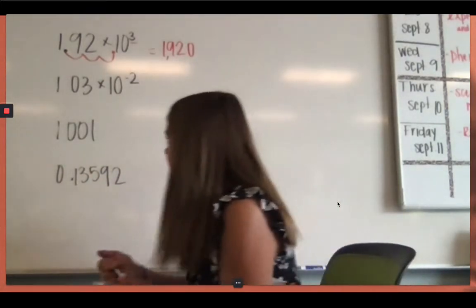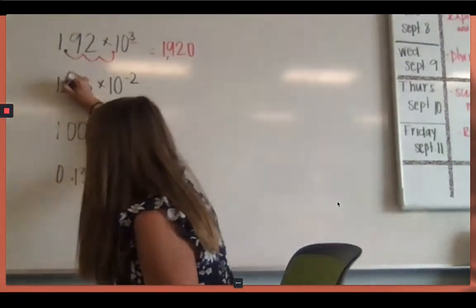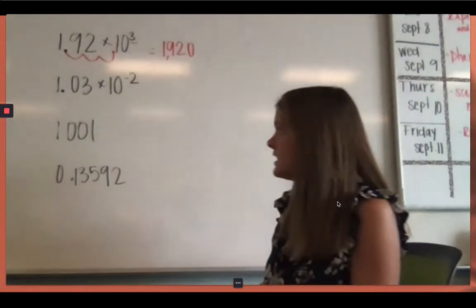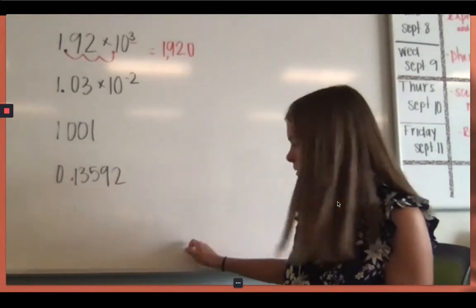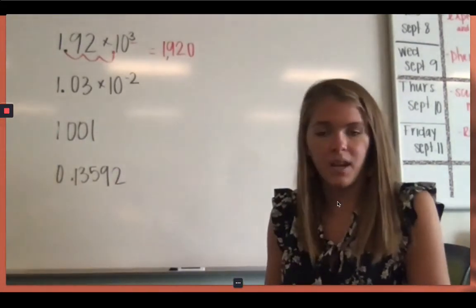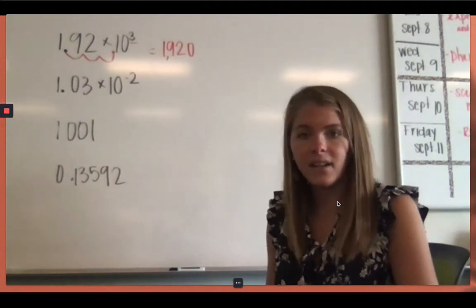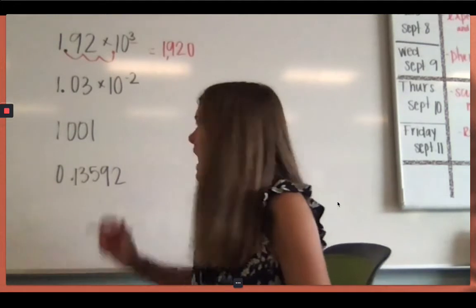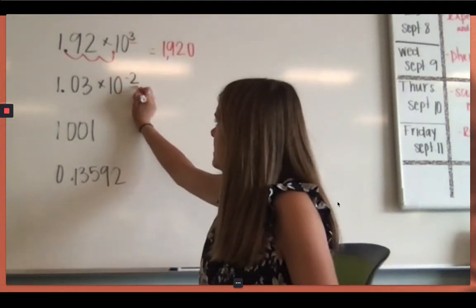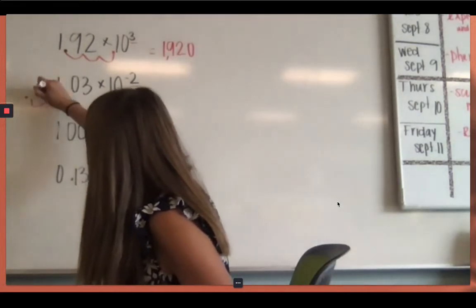Let's do the same for this next one. 1.03 times 10 to the negative 2. Now, when we have a negative exponent, it means it's a small number. If we have a negative exponent, we're going to move our decimal to the left, and we're going to move it to the left 2 times and fill in zeros.